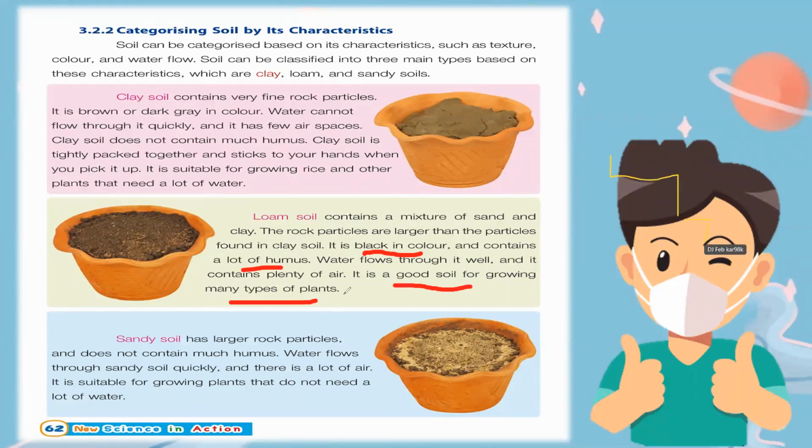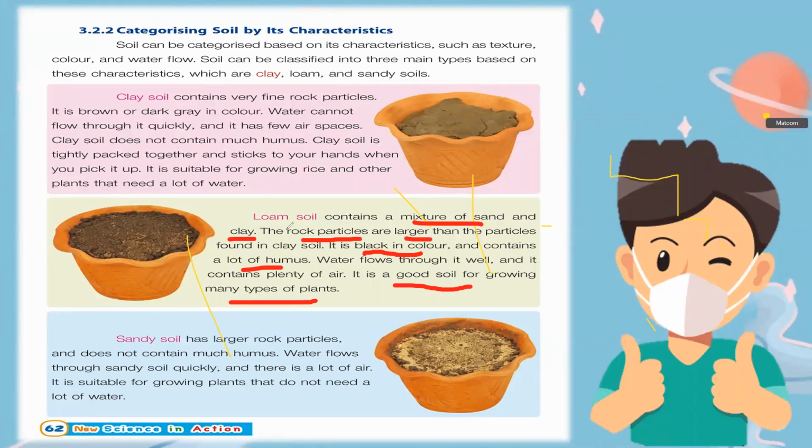It is a good soil for growing many types of plants. So what we learn here about loam soil: it contains a mixture of sand and clay. Second thing, the rock particles are larger compared to clay soil.